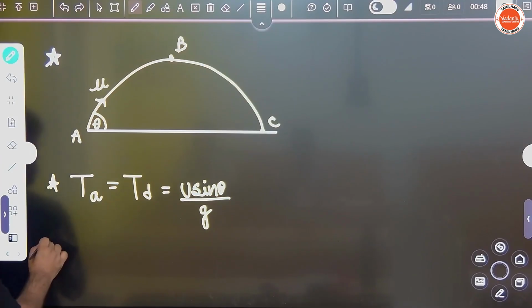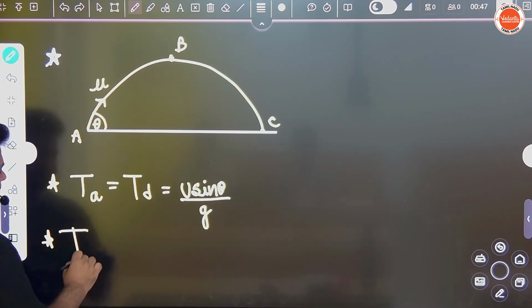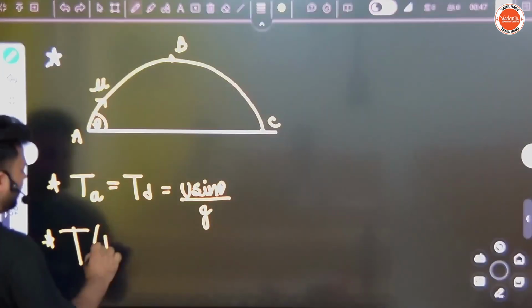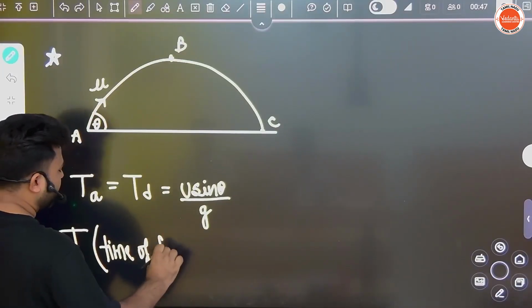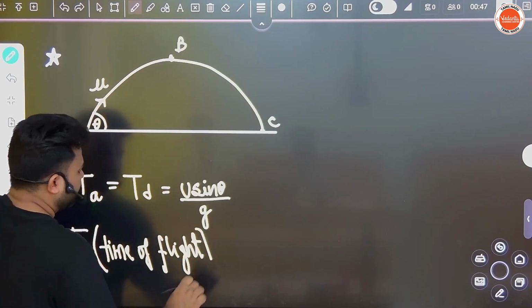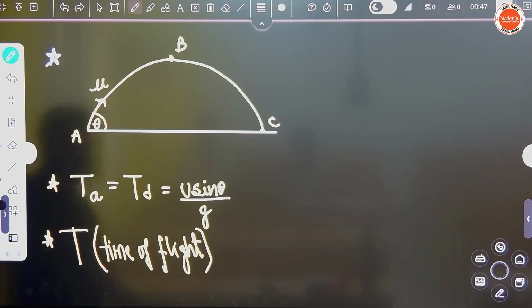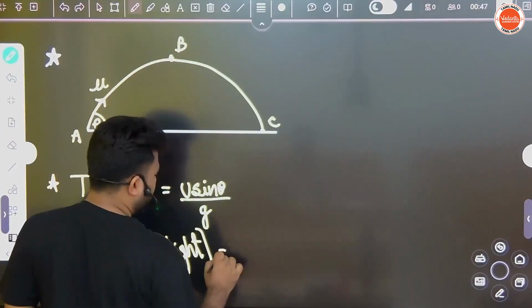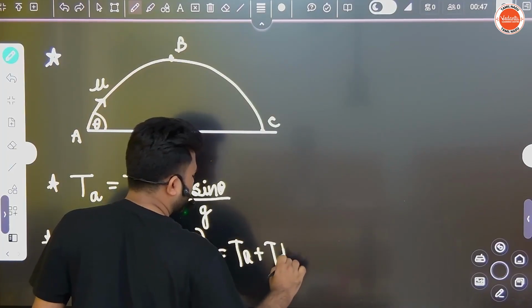Correct? Next, time of flight, capital T. What is this? Time of flight means how much time the ball was in the air. So time to go up plus time to go down, means time of ascent plus time of descent.